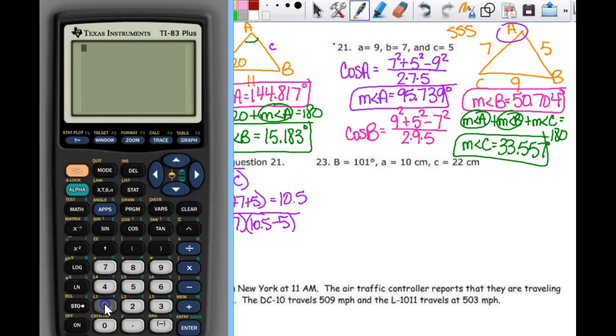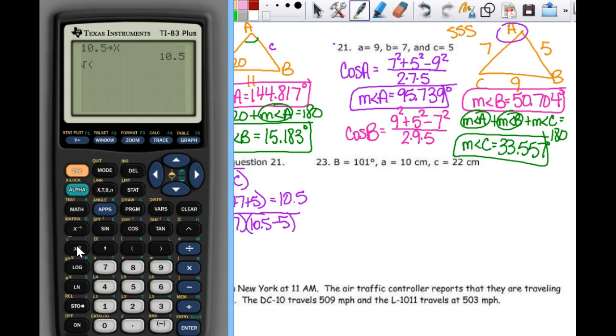I can take this 10.5, and I can store it, let's store it in x. Oh, see, I didn't even type it in right that time. Okay, let me try that again. 10.5, let's store that in x. Okay. So when I type in my big old square root, instead of typing all those numbers in, x really represents S. And I could have stored it in S, but it's easier to get to x.